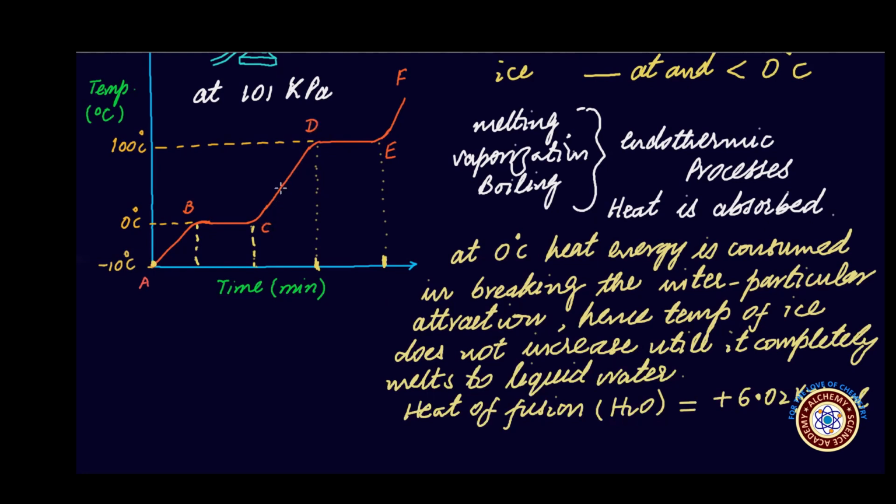Now let us see what happens from C to D. C to D is actually the liquid state of water, and when ice has melted completely and we supply it with thermal energy, the molecules of liquid water at 0 degrees Celsius absorb heat energy, their kinetic energies increase, and this causes the increase in their temperature.